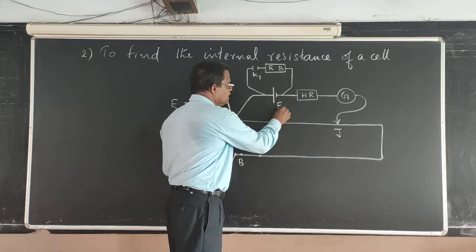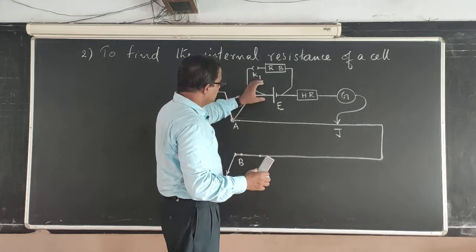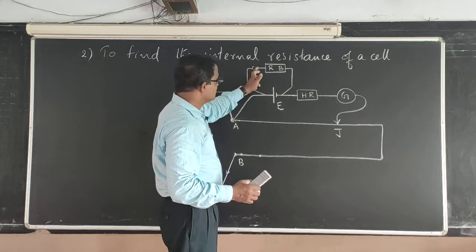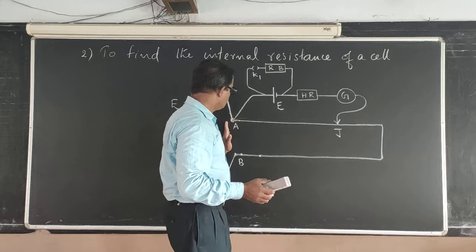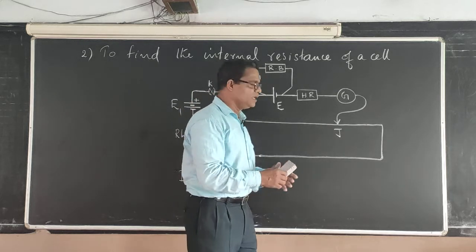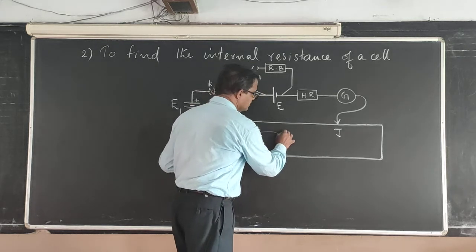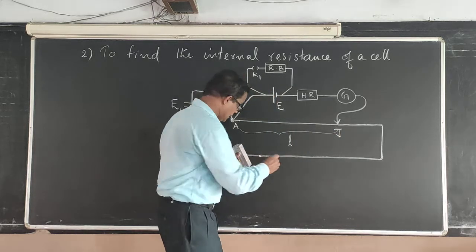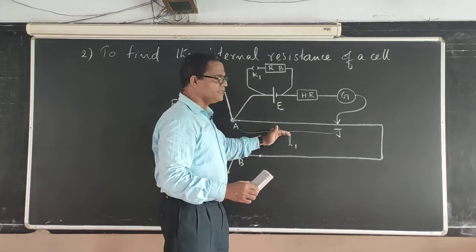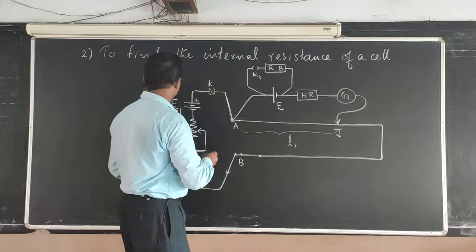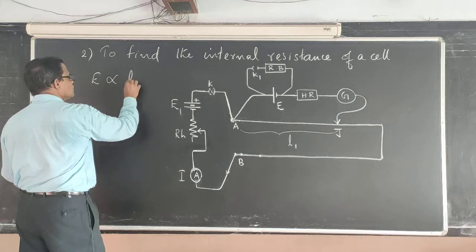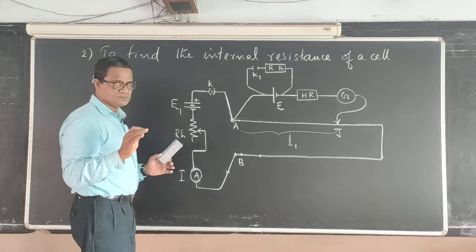Now this E is included in the circuit when this key is open, and I move the jockey from A to B, and for this particular length, let us say L1, this is getting balanced. That means EMF E balances across a length L1.